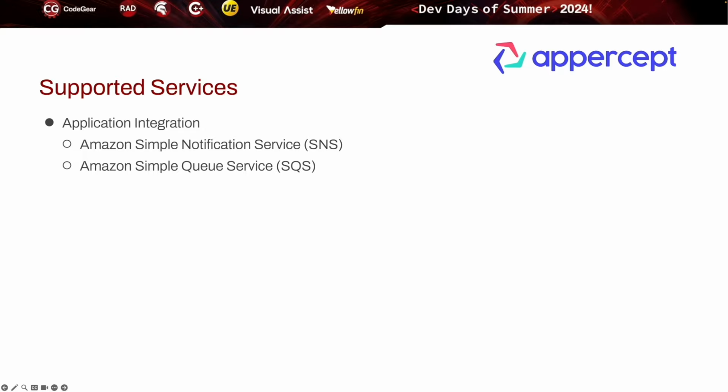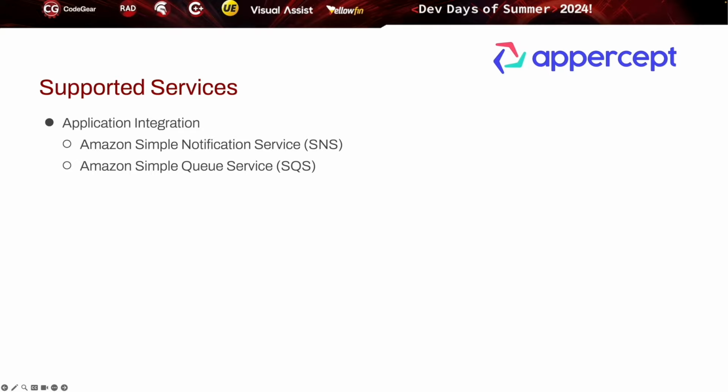SNS, as it's known for short, is a really simple service that allows you to have one interface for delivering notifications to your applications wherever they may be, and that can include the mobile push notification services that you typically use on iOS and Android.